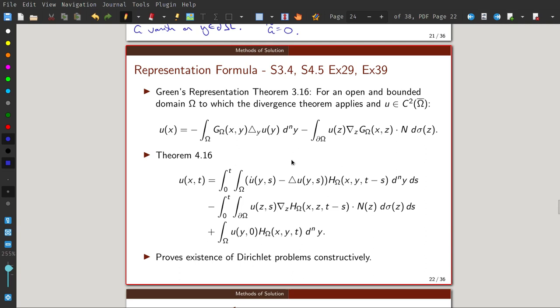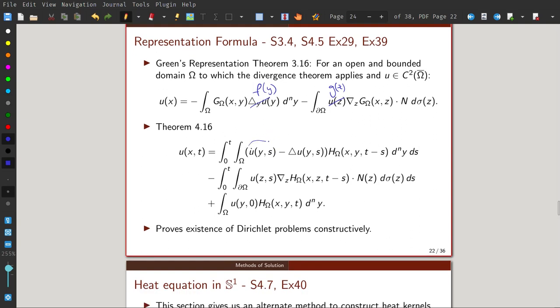Why this is now useful for solving the boundary value problems is that, if you have a harmonic function, then this term here, the Laplacian, is of course 0, or more generally, this is f. And if it's the boundary, then we usually call this g, g of z. So this gives us a solution in terms of the boundary value and the inhomogeneous term.